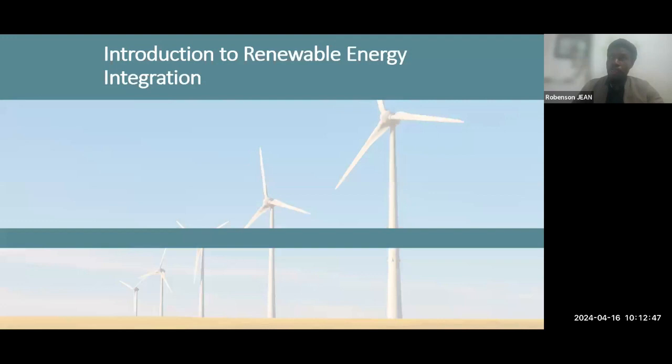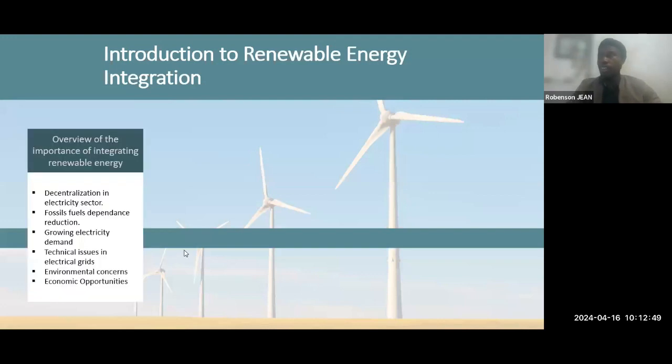So, first of all, we're going to see the renewable energy integration. As I was saying, the electrical grid nowadays is facing a lot of challenges to come with some solution.